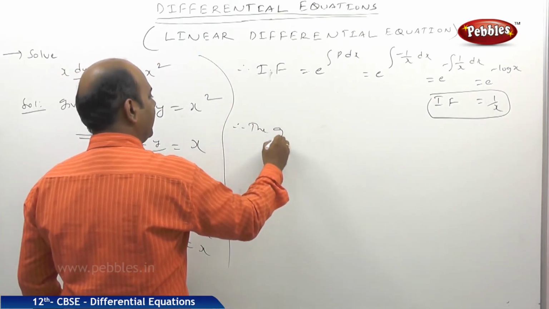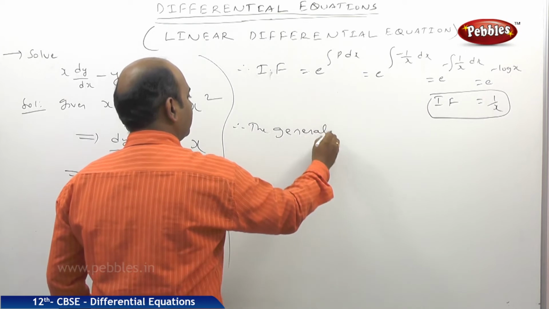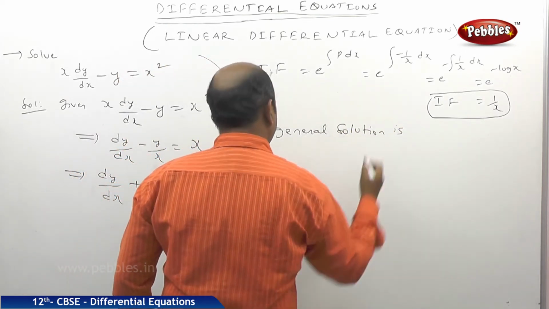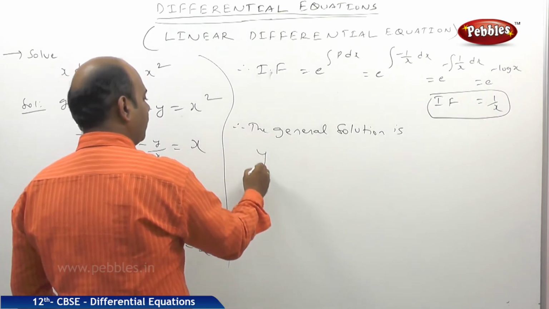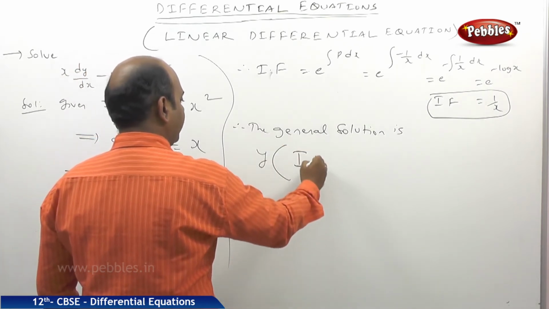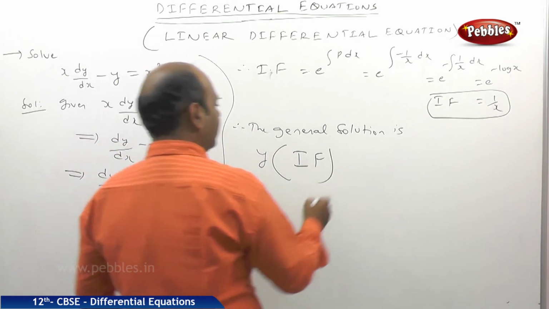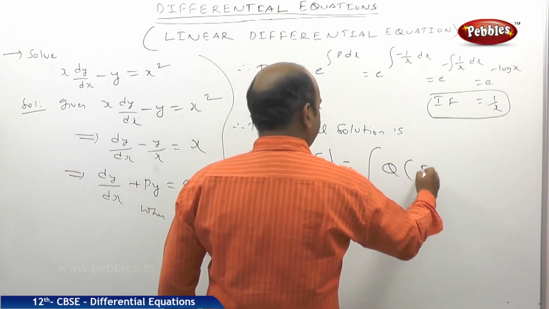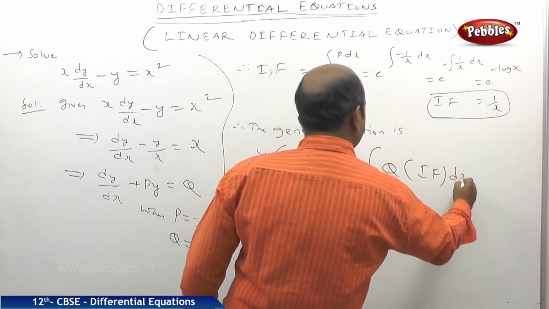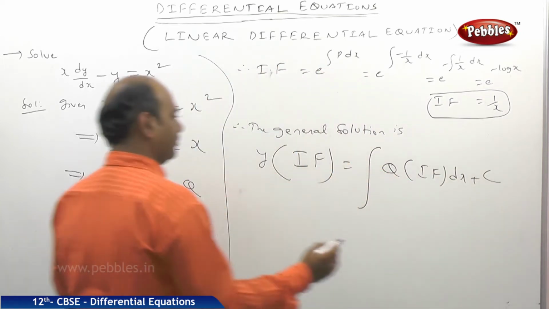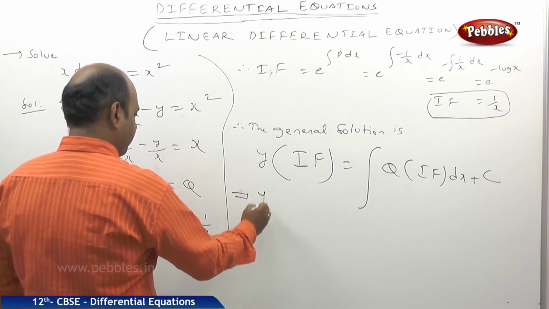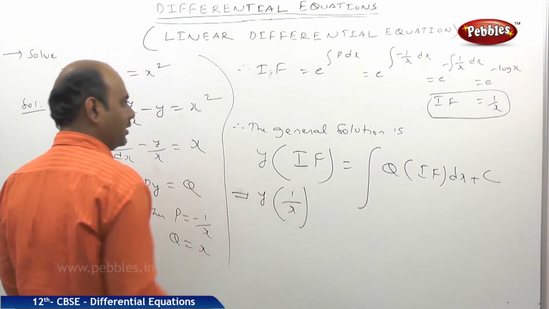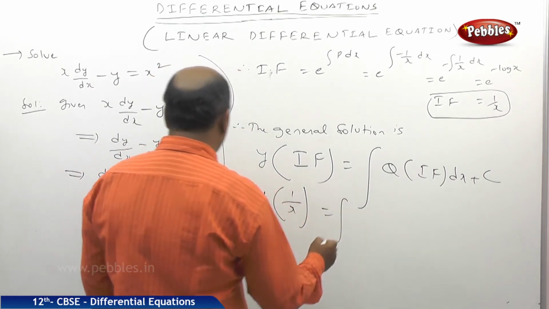Therefore the general solution is, we need to write the formula. What is our formula? Y into integrating factor is equal to integral of q into integrating factor dx plus c. So what happens? Y into integrating factor means what we got? 1 by x is equal to integral of q.